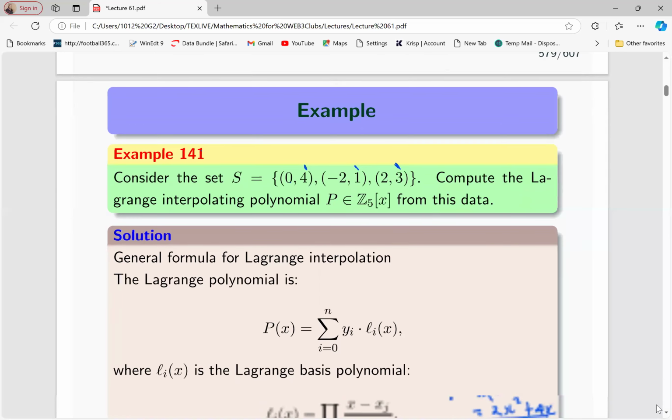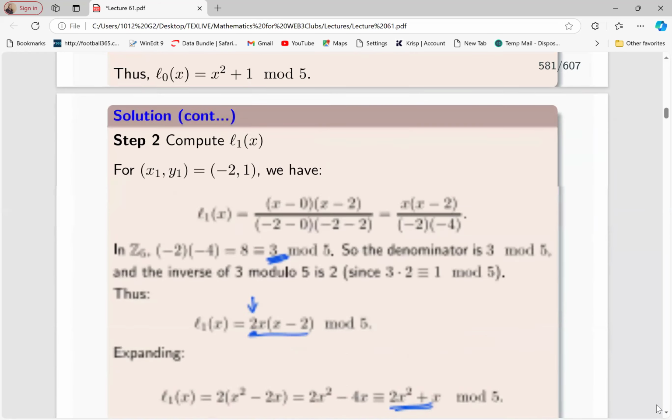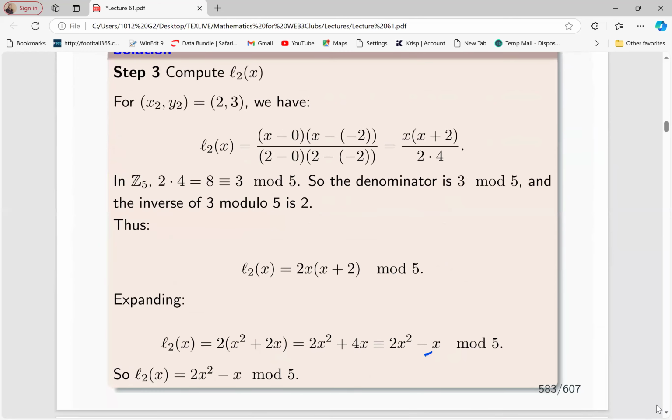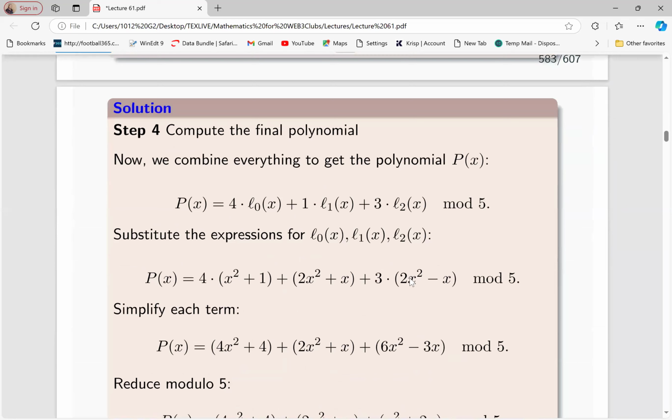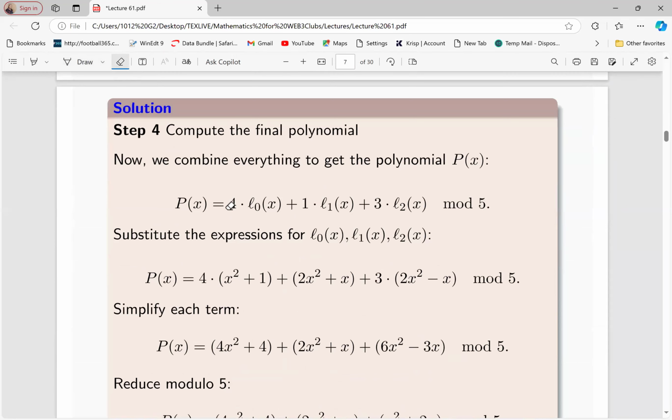Those are the corresponding values of y. Good, so it's now easy. We just come here now and multiply L naught of x by 4, L1 of x by 1, L2 of x by 3. Then the whole answer will be reduced to mod 5. So that's what is happening at this point.